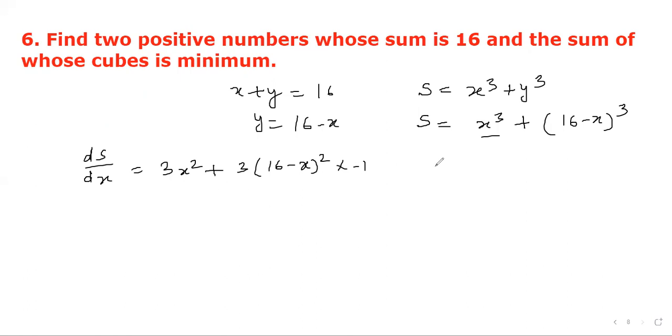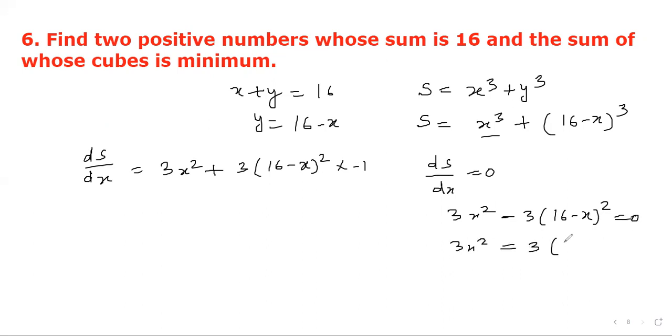Now we put ds upon dx equal to 0. So this will give 3x square minus 3 times (16 minus x) whole square equal to 0, or 3x square equal to 3 times (16 minus x) whole square. 3 will cancel out. So we take the square root.